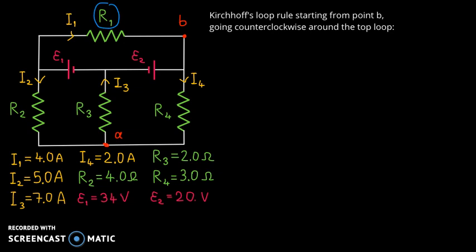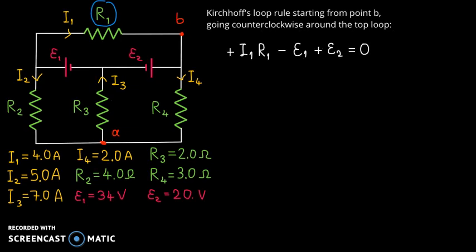I'm going to start from point B and I'm going to travel in a counterclockwise direction around the top loop. Starting from point B, traveling left, the first circuit element that I see is R1, and I'm going against the current I1, so that's an increase in potential. And the potential difference as I go from the right-hand side terminal of R1 to its left-hand side terminal is equal to plus I1 times R1 using Ohm's law.